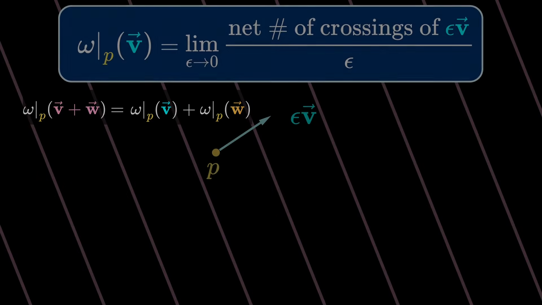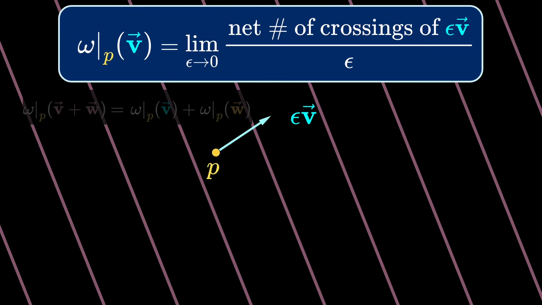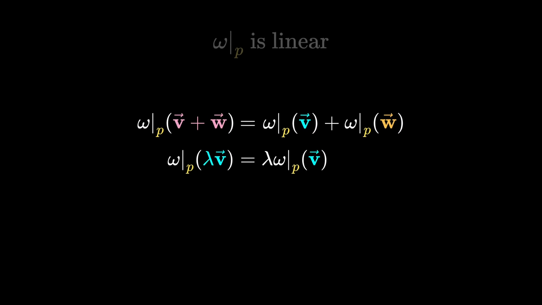It isn't too difficult to convince yourself that when I scale the vector, the net number of crossings also scales accordingly. In symbols, this function omega at p acting on a scaled vector lambda v is lambda times the function acting on the original v. Combining these two facts, we can conclude that omega at p is a linear function.